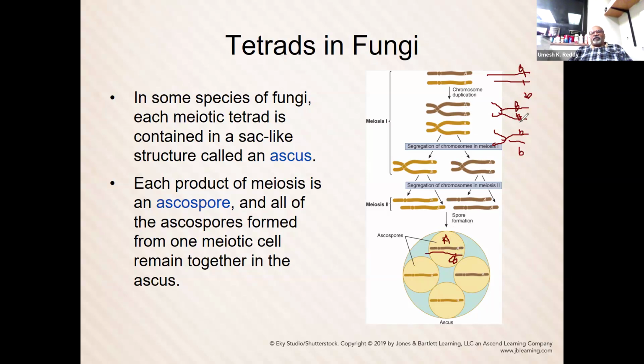And this can also form capital A, capital B. Whereas these things will form small a, small b.